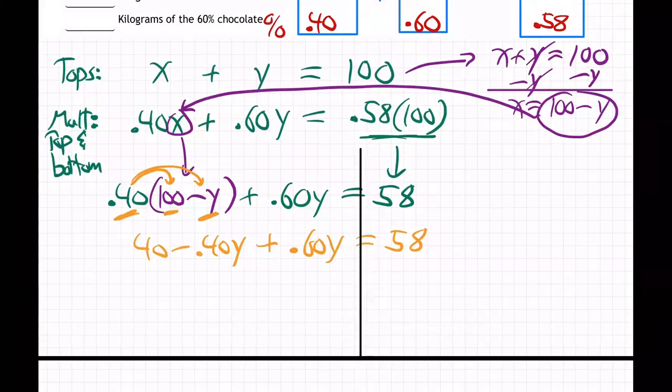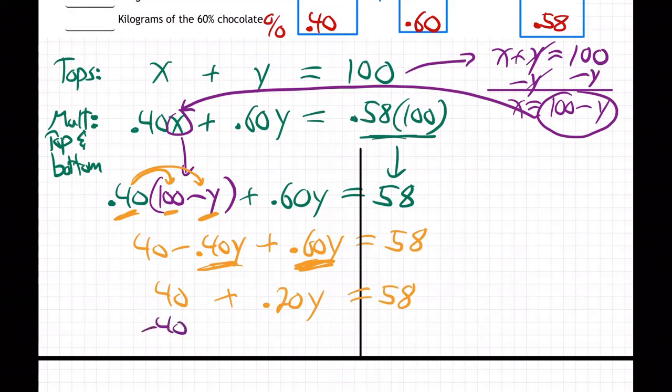So now, we're trying to finish solving here. So this is 40, and then 0.60Y minus 0.40Y. That's 0.20Y. We good there? You want to finish solving for Y? Subtract 40 from both sides.